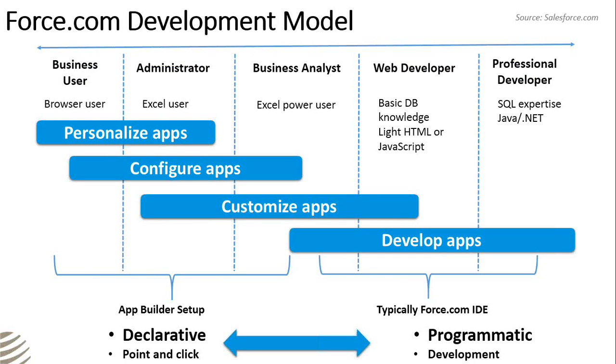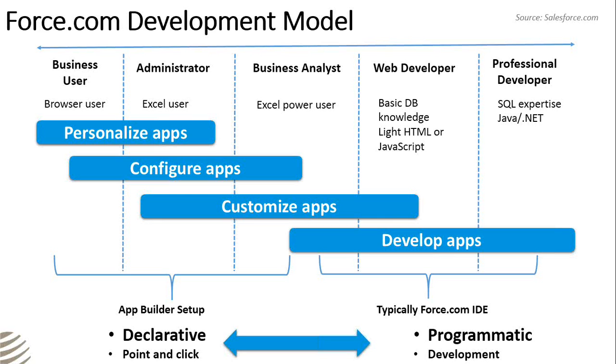Now, based on the declarative and programmatic model, I have divided the users in your organization as business users, administrators, business analysts, web developers, and professional developers. And the first three users, like business analyst, administrator, and business users, can use this declarative model. As we have to use just point and click, you have to use a browser, you don't have to program it, so you don't need much of the programming skills to personalize apps, to configure apps, or to customize apps.